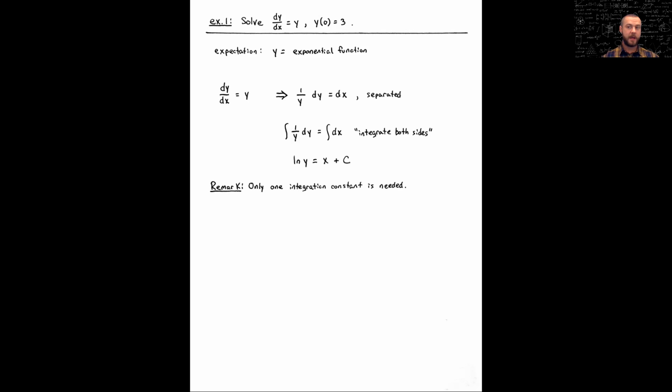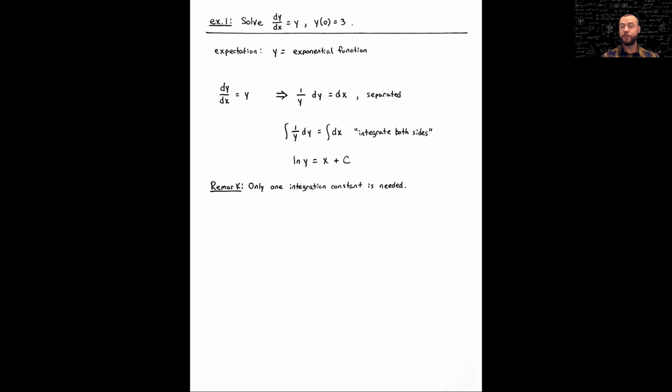Now a question that usually arises in class when I go through this example, which I want to bring up now, is that we don't need 2 different integration constants. We're integrating the left and right sides, but we only need a single integration constant.